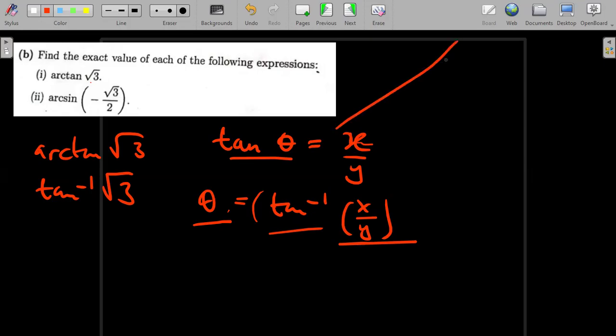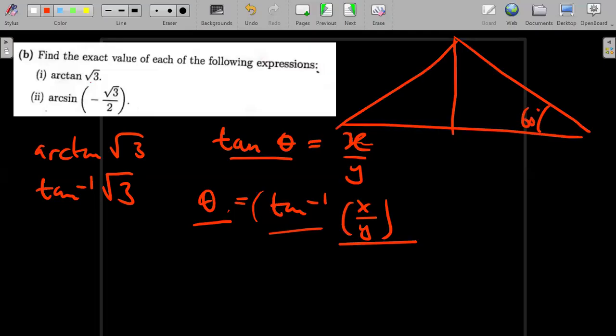So if you have your triangle like that, this is a 30-60-90 triangle. So 30 there, that's 30 degrees, 60 degrees, and that's 90 degrees. The distance from this point to that point is 1, and from the midpoint to the other point is also 1.